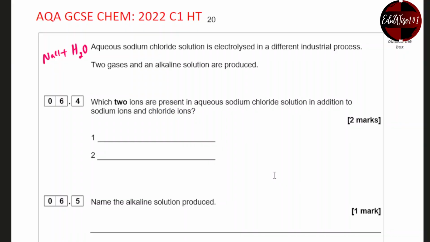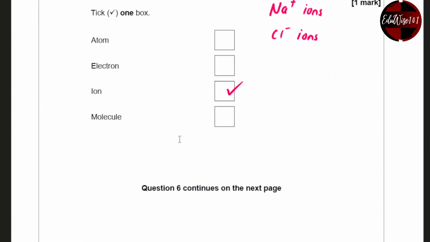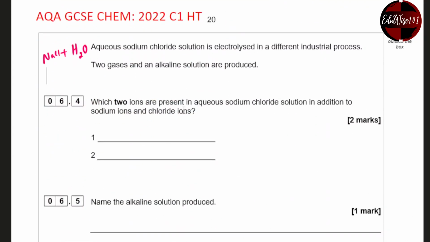Which two ions are present in aqueous sodium chloride solution in addition to the sodium ions and the chloride ions? Actually, that's your answer for the question above, isn't it? It's ions here.